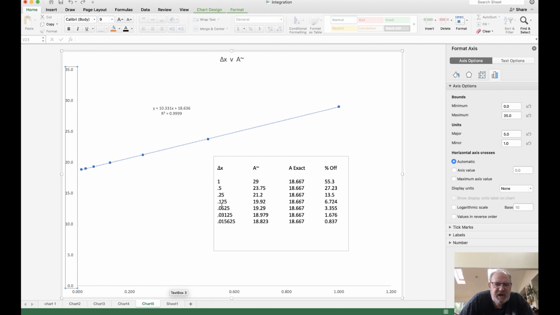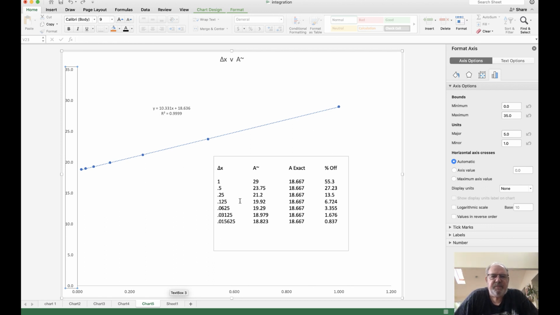In fact, 6 divisions of the original delta x gets us to an area of 18.8, and we're looking for 18.7. So you can see that we're less than 1% off of the exact value. And that error gets smaller and smaller as we continue to take delta x to a smaller and smaller division.